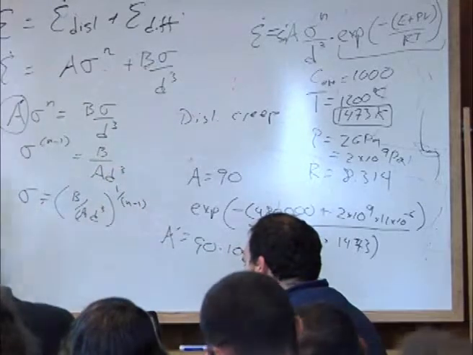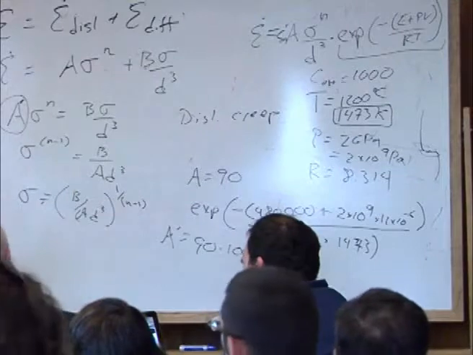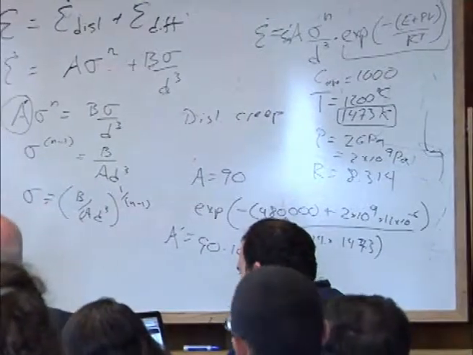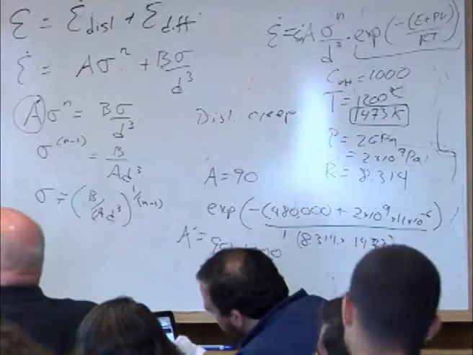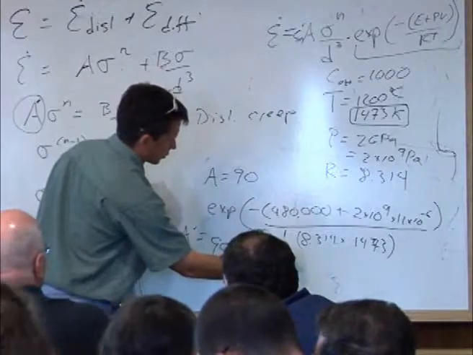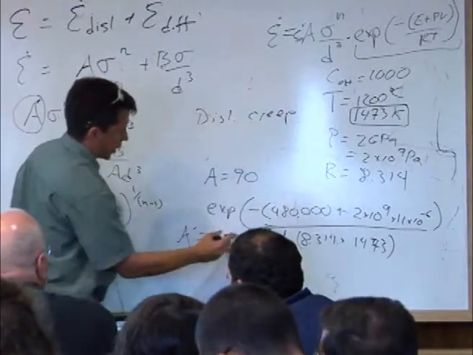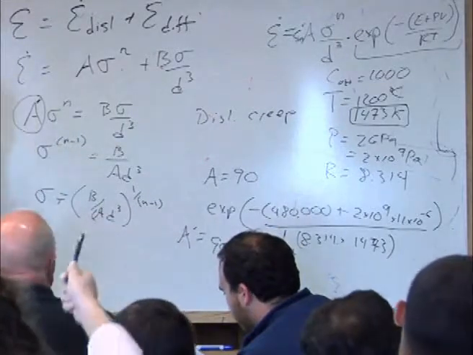We have to look up this R value. What's the unit of the COH? It's in hydrogens per 10 to the 6 silicon. Yep. R is 1.2. And then times this thing.